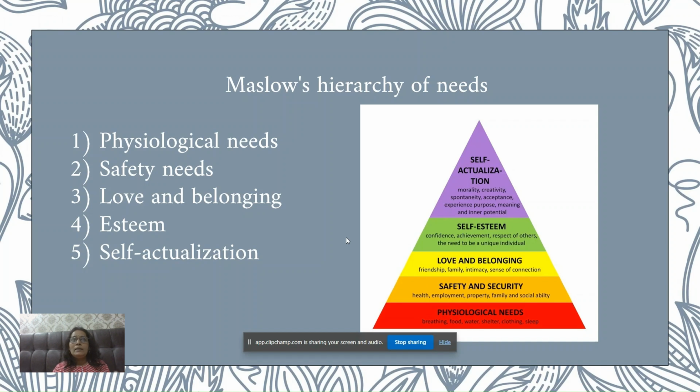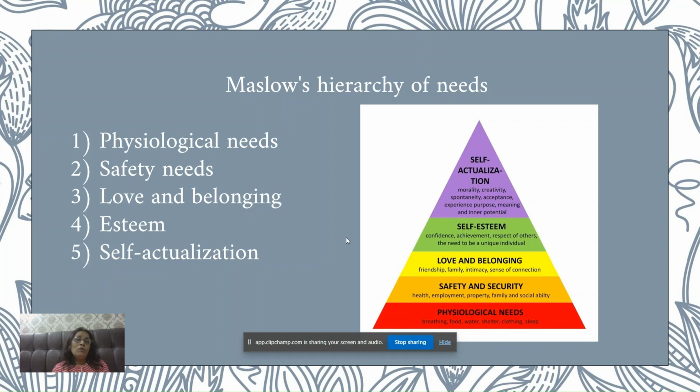But if they fall and if they understand that falling is a problem, then safety comes into the picture, and then they understand that they have to be careful while running in future so that their safety is taken care of. So they get motivated to make necessary changes while walking so that they don't fall again. Then comes love and belonging.